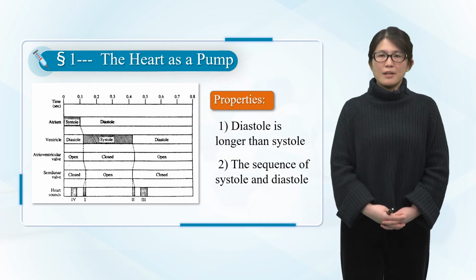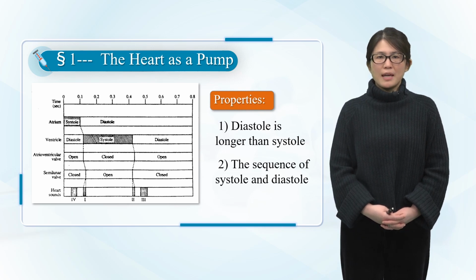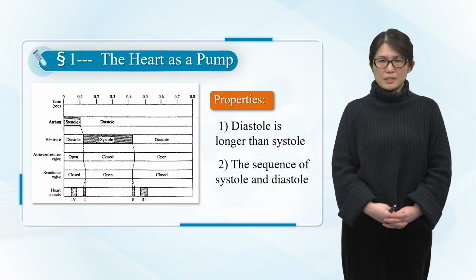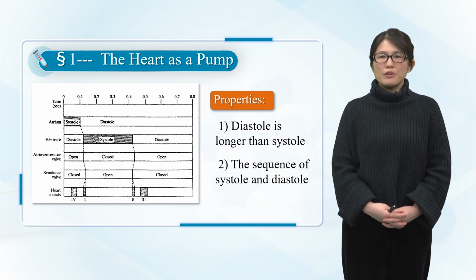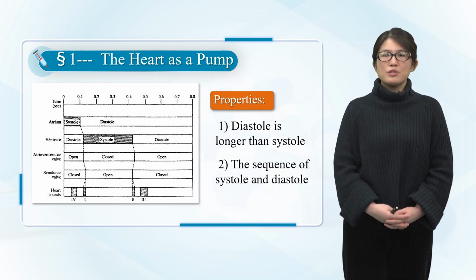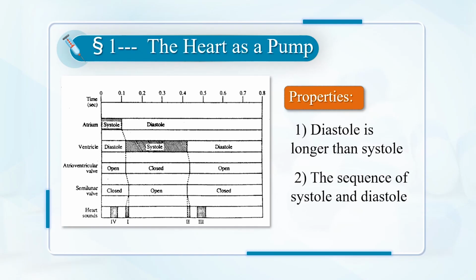After the ventricle begins to contract, the pressure in the ventricle rises immediately. When the intraventricular pressure rises to exceed the intra-atrial pressure, the atrioventricular valve is pushed closed, but at this time the intraventricular pressure is still lower than the aortic pressure, so the semilunar valve is still closed.